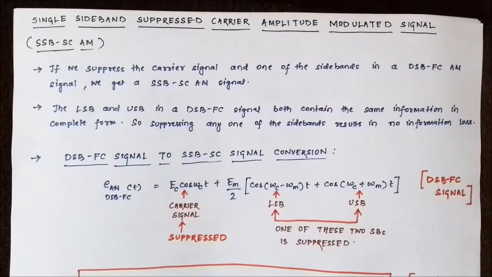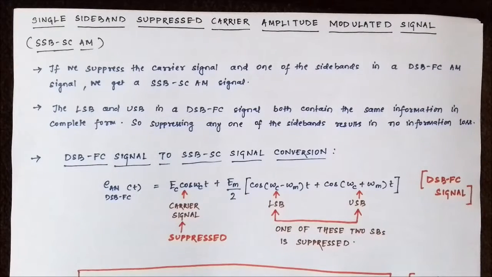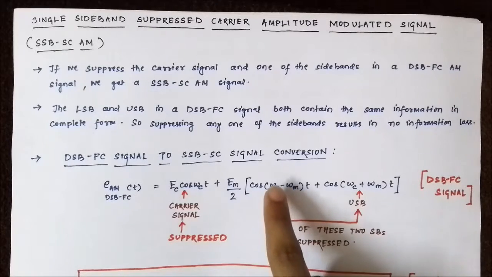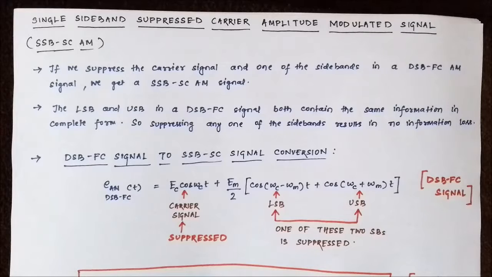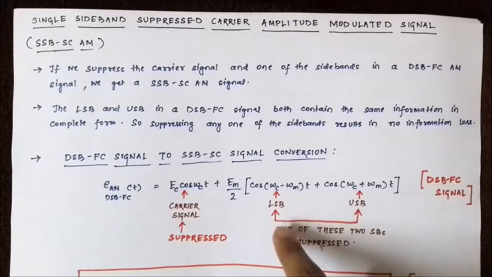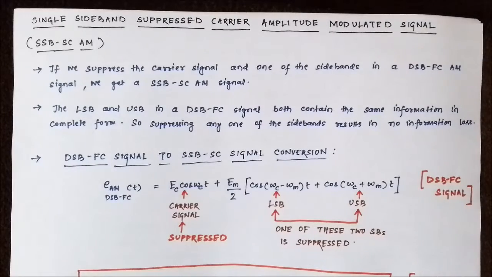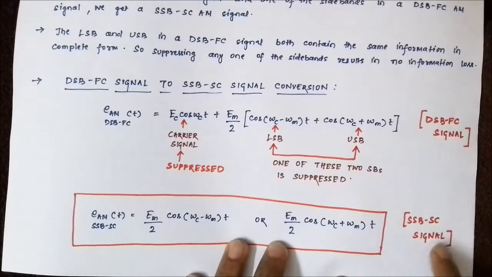Now, if we suppress the carrier signal and also suppress one of these two sidebands, either the lower sideband or the upper sideband, we get the single sideband suppressed carrier signal.